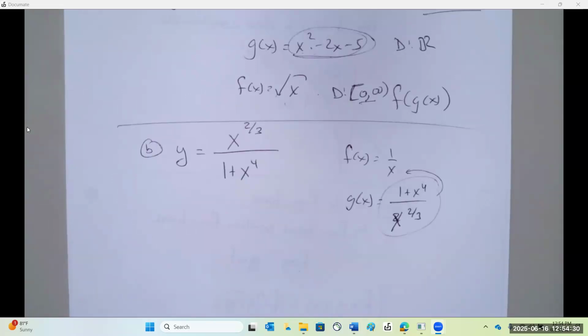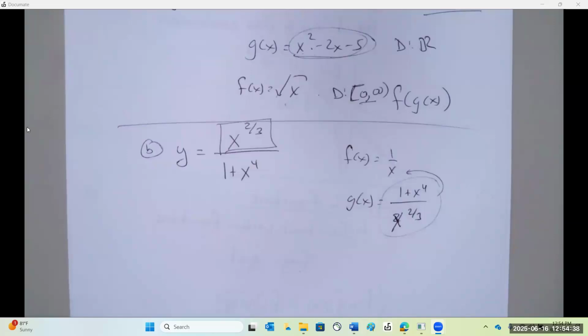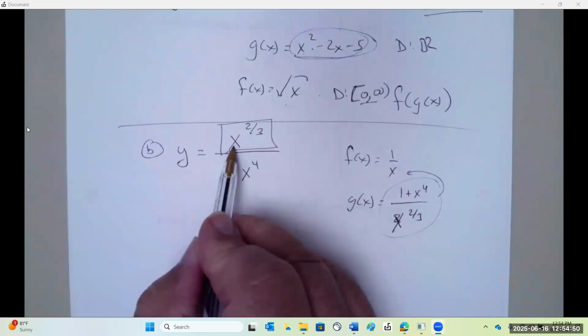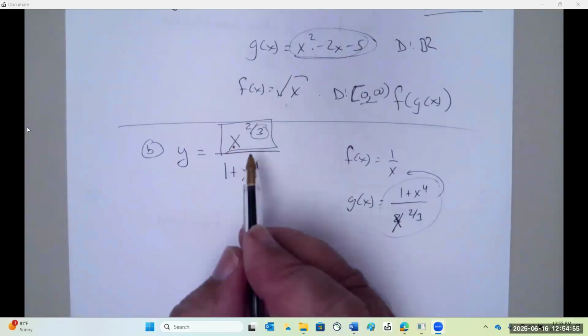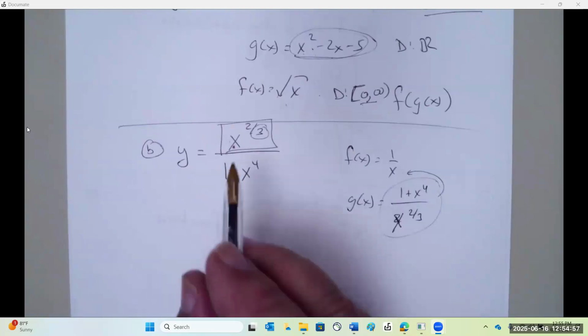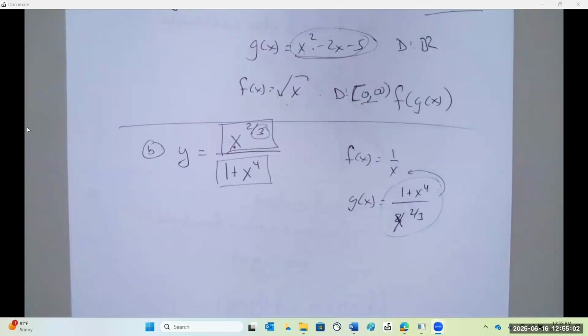So are they continuous functions? Is the numerator continuous on the domain of all real numbers? Yeah. I could put negatives in there because a cube root of a negative number is a negative number. I could put 0 in there. I could put positives in there. Now the question is, does the bottom one allow me to be continuous on all real numbers?